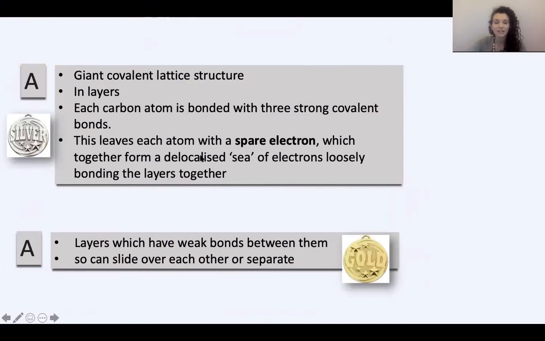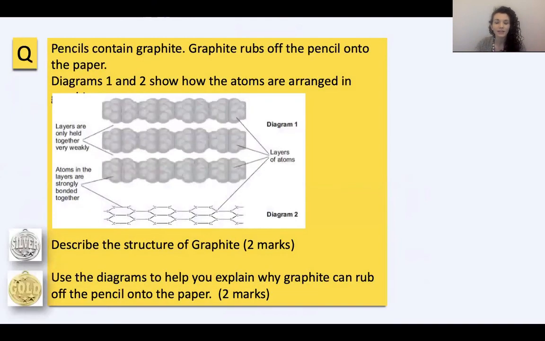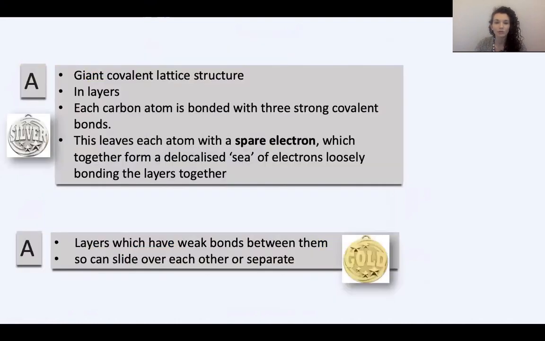That leaves each atom with a spare electron, which together form a delocalized sea of electrons, so those delocalized electrons. And the second question, using the diagram to help you explain why graphite can rub off the pencil onto the paper. That's because the layers have weak bonds between them, so they can slide over each other or separate totally.